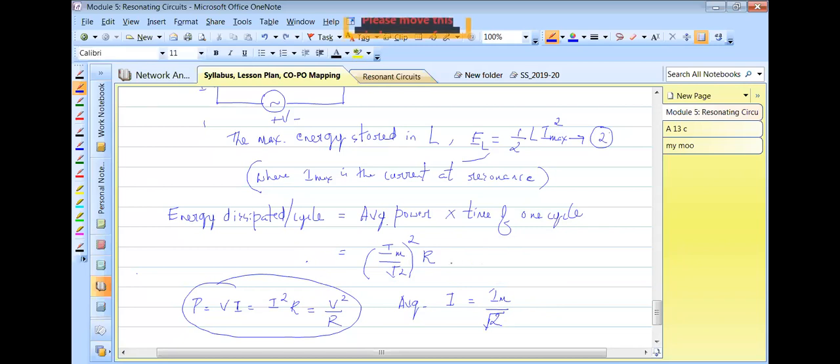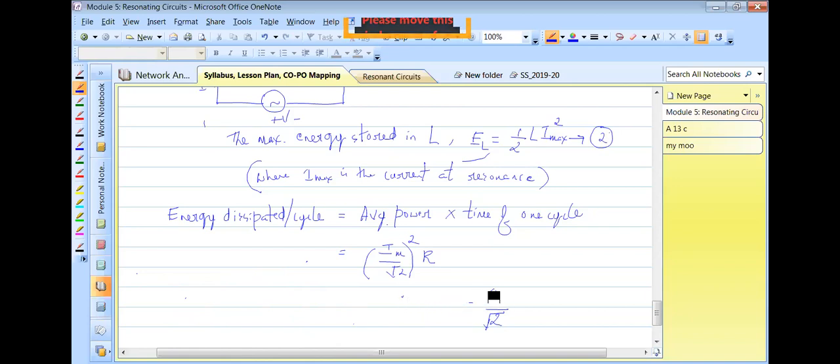So that's why average power is written like this. I hope you copied all that. Now again, let's go with time.